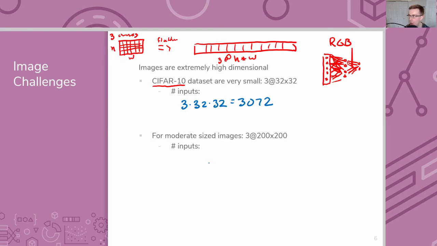So you can imagine if you had images that were 200 pixels by 200 pixels, still RGB, so we have 3 color channels. Remember, this stands for our RGB. Then the number of inputs we'd have would be 3 times 200 times 200, which is about 120,000. That's a lot of input features.